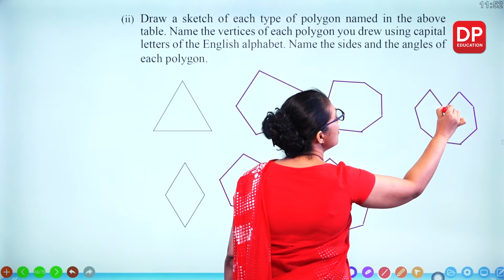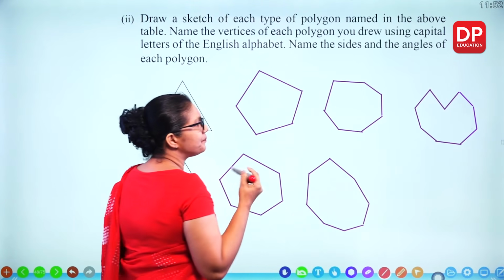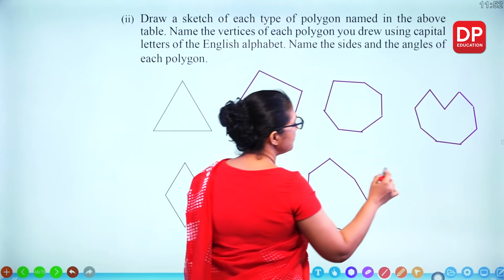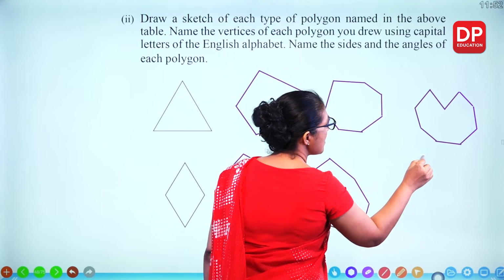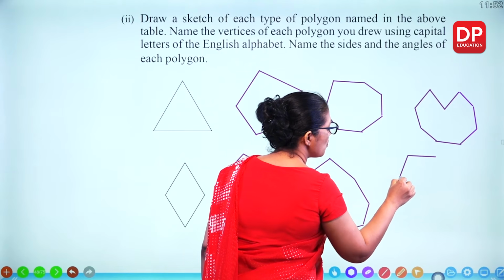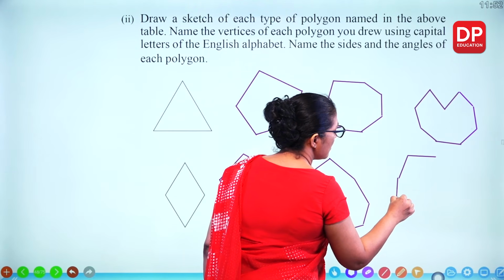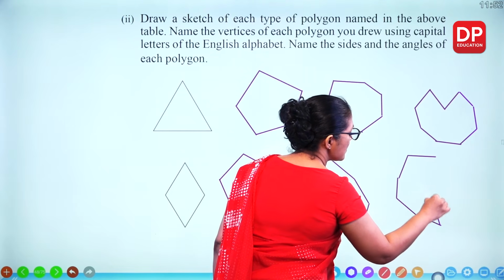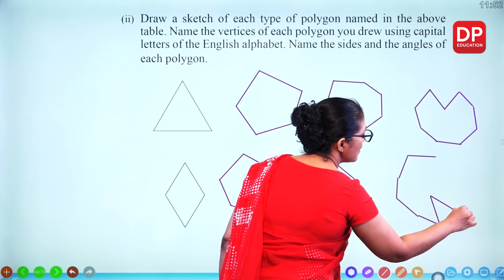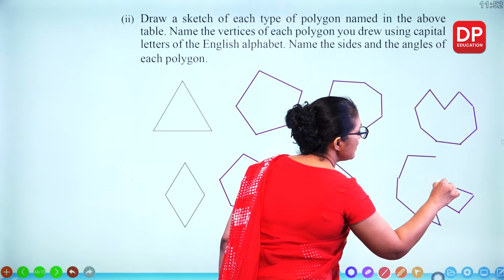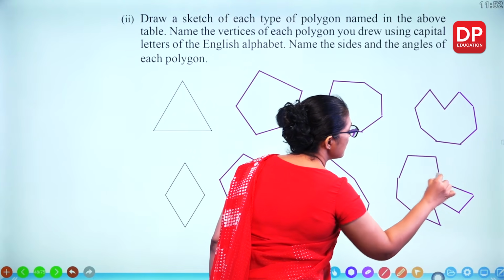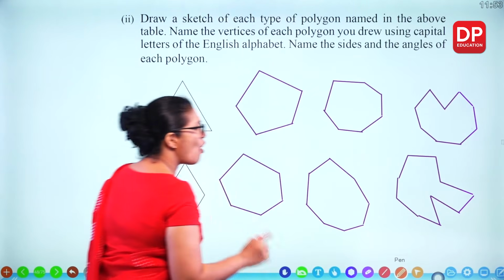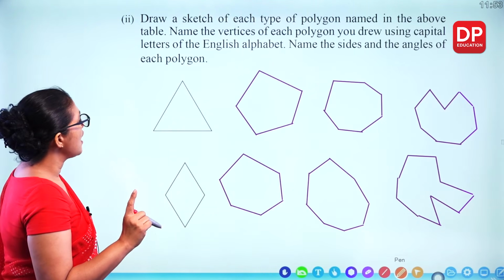I can draw concave as well. And another one, 10. 10 is the last one. 1, 2, 3, 4, 5, 6, 7, 8, 9, 10. So I can draw concave or convex anytime.